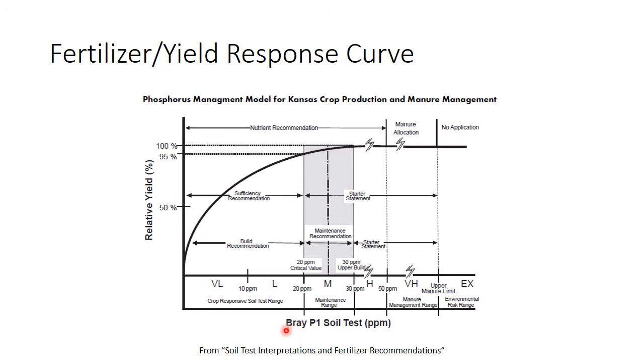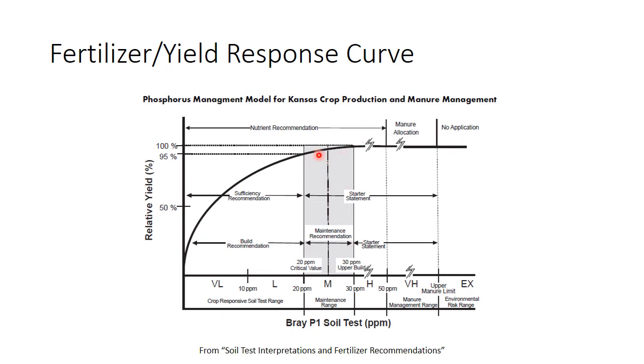But for this one, you can see that we have our very low soil test phosphorus, low, medium, high, very high, and environmental risk range. And then we have our yield response. And eventually we get to the point where there's no additional benefit.